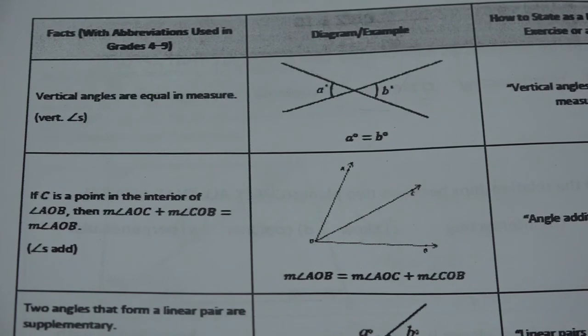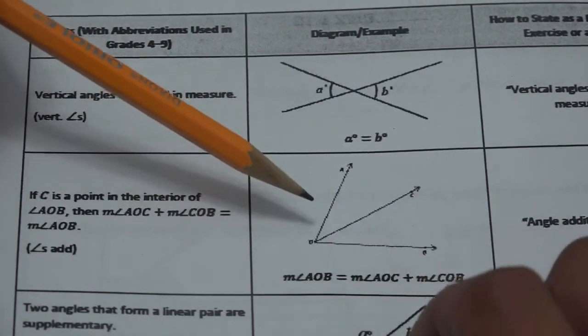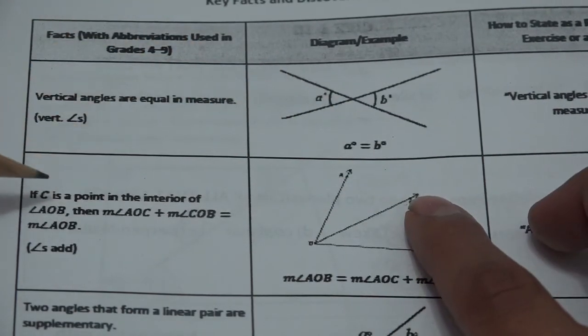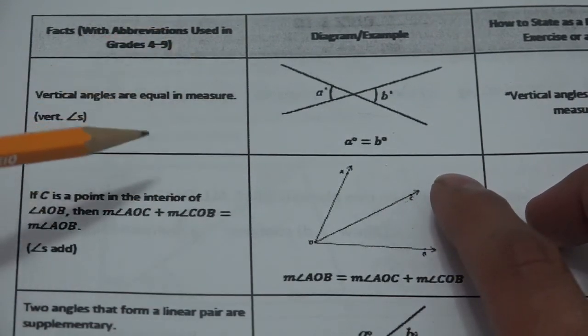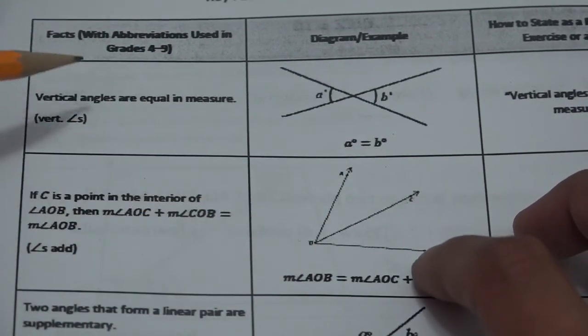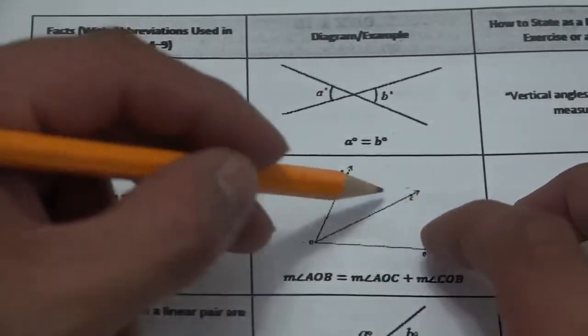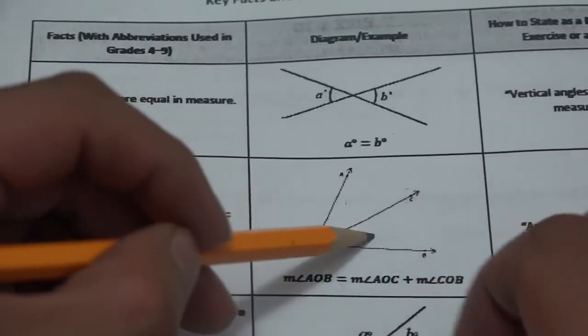Then we have that if C is a point in the interior of angle AOB, then angle AOC and angle BOC form angle AOB.